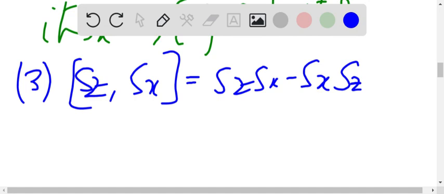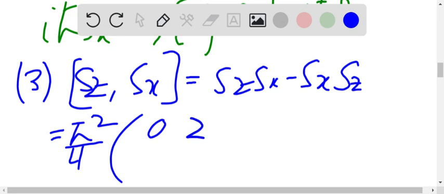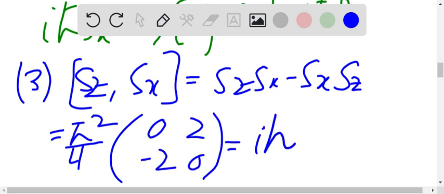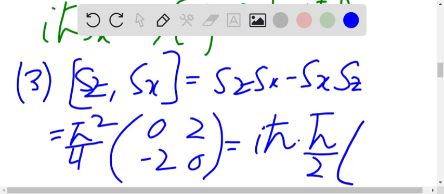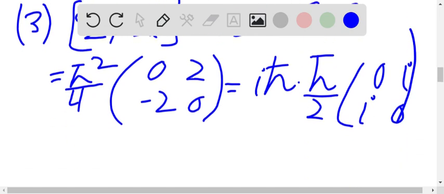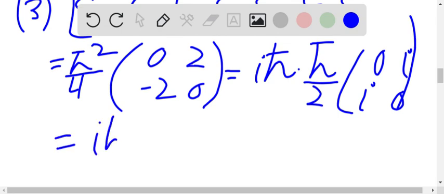So this will yield ħ squared divided by 4 times [0, -2i; 2i, 0], and this is equal to i ħ times ħ divided by 2 times [0, -i; i, 0], and this is equal to i ħ S y.